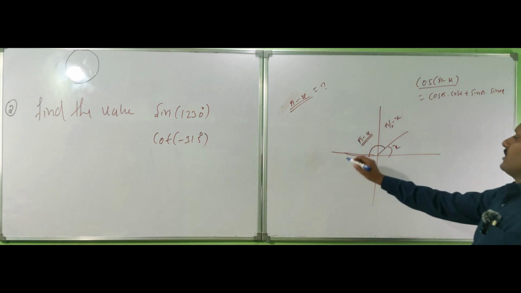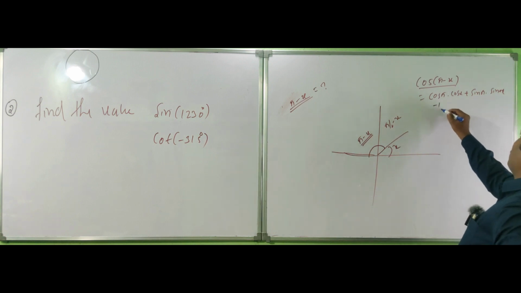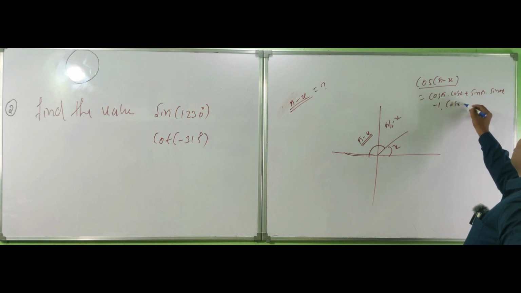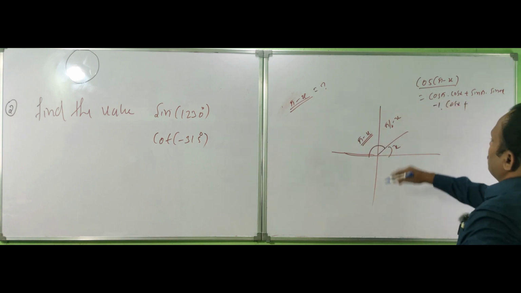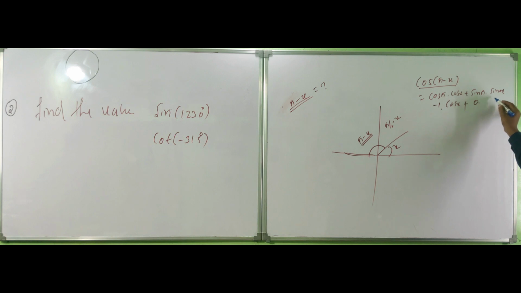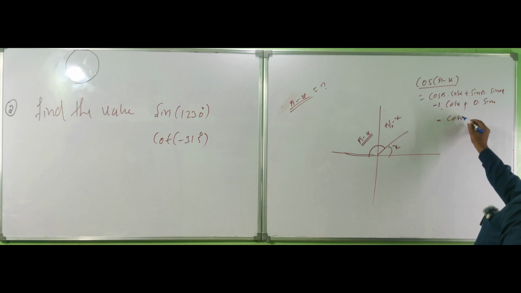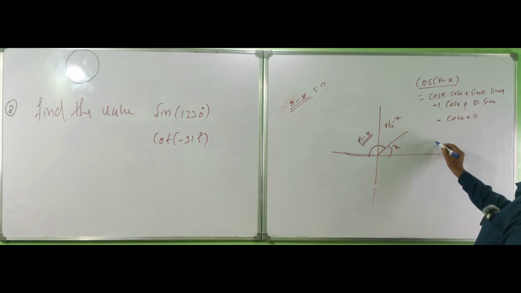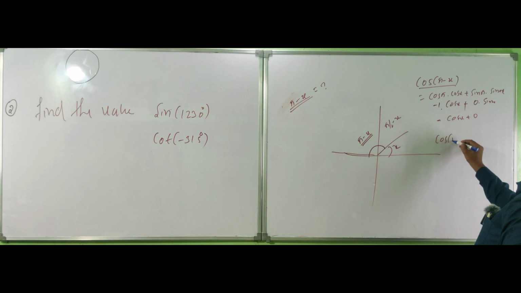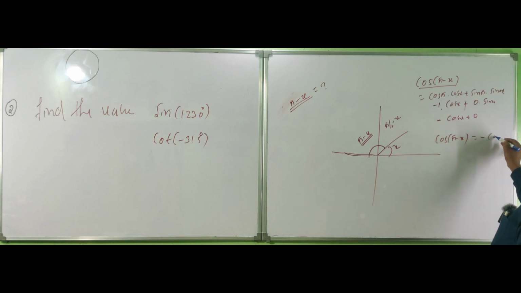Cos pi is minus 1, so minus 1 into cos x. Sin pi is 0, so 0 into sin x. This becomes minus cos x plus 0. So cos of pi minus x gives minus cos x.